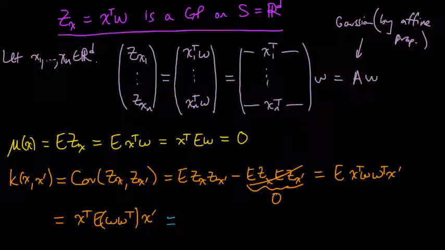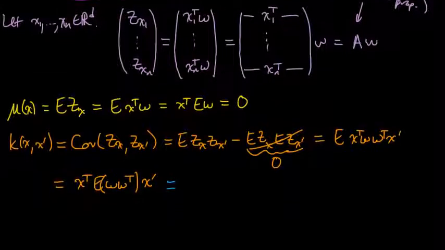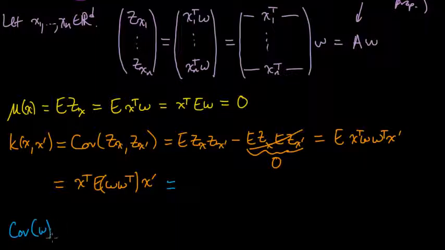And then what is this expected value of w w transpose? Whenever you see this kind of quantity, one thing you can do to compute it is to use the covariance matrix of W, because the covariance matrix of W is the expected value of W W transpose minus the expected value of W times the expected value of W transpose.